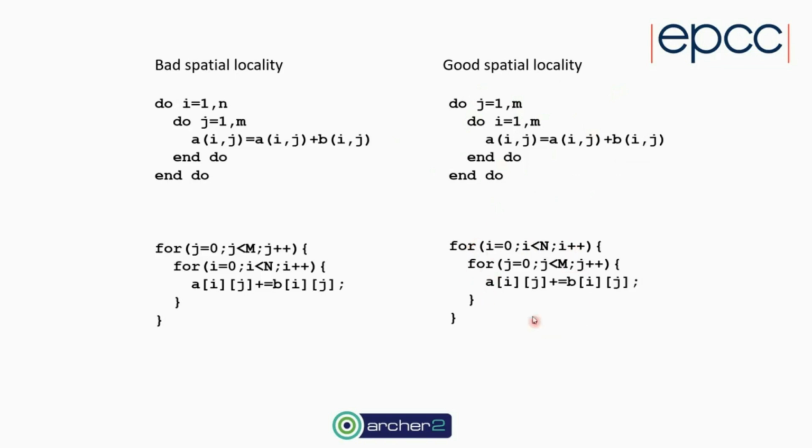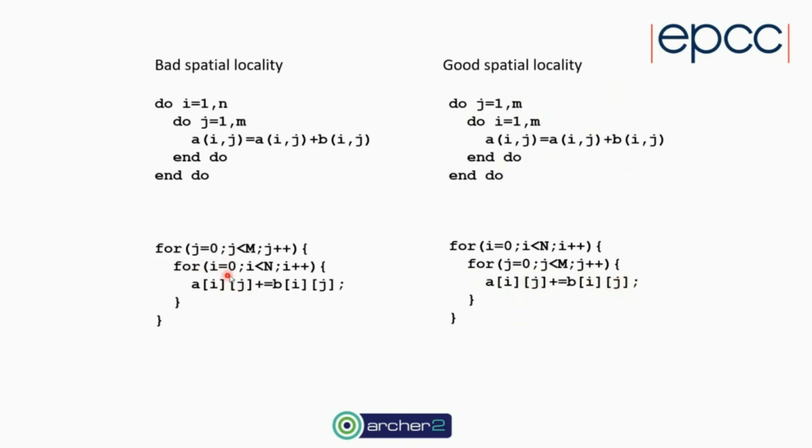You can see in this loop here, the innermost loop, J, is the fastest, so it's getting elements one after the other. We're accessing both A and B in a consecutive manner, which means we're using those cache lines that have been loaded in efficiently.